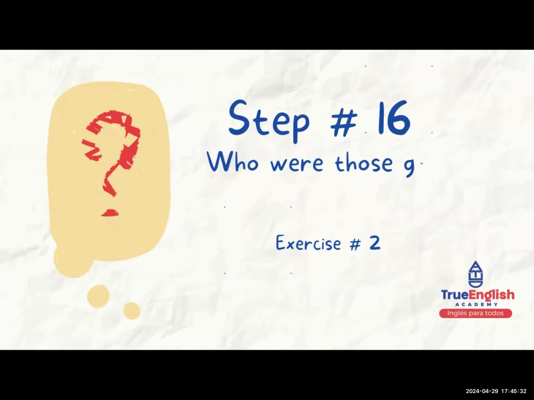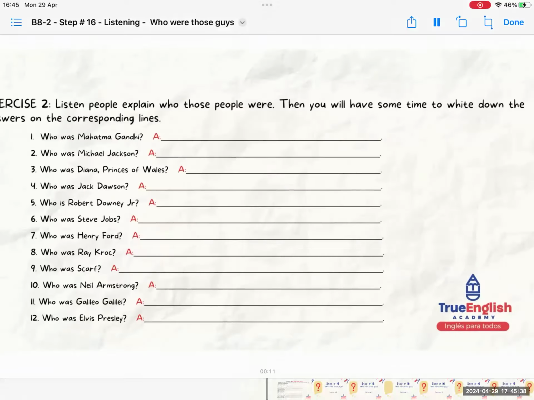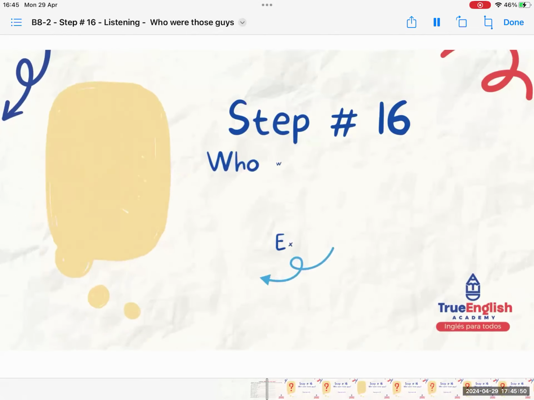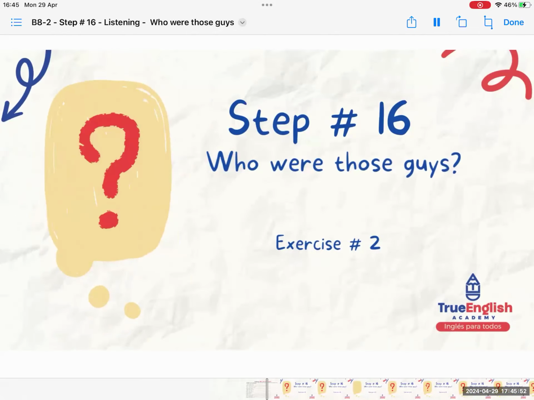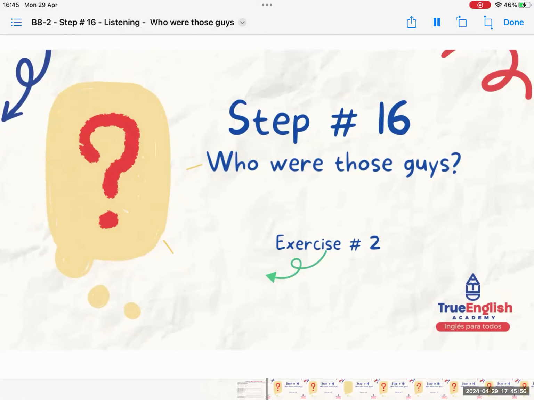True English Academy Listening Program. Step number 16. Who were those guys? Exercise 2. Instructions. Listen people explain who those people were. Then you will have some time to write down the answers on the corresponding lines. Number 1. Mahatma Gandhi was an Indian leader who started the independence of India.